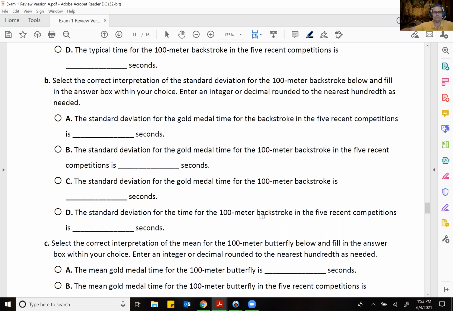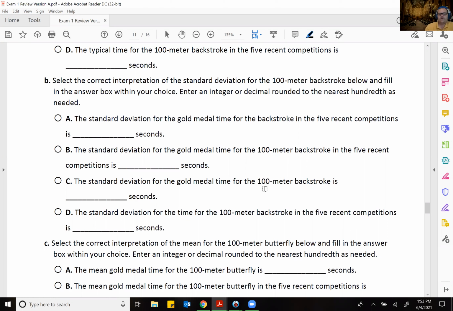And I would include the 0 before the decimal. And again, that's because this is the most specific. If we dissect this, A is saying for all backstrokes, 100 meter, 200 meter, 300 meter, and so on and so forth. That's not what we're dealing with.